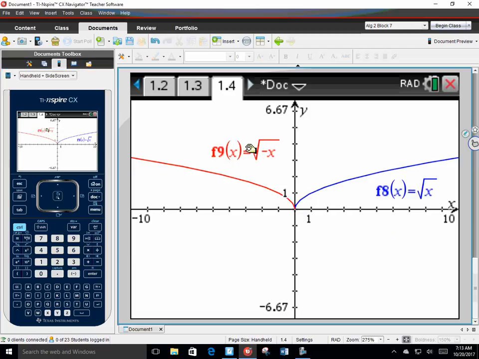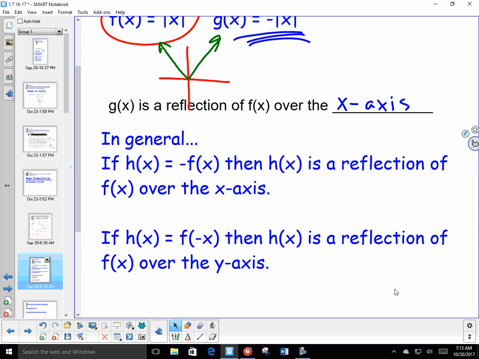Square root of negative x has reflected it over the y-axis. So if you take every x in your function and you make it the opposite, you're going to get a reflection over the y-axis. All right, and that's what it says right here. If h of x equals f of negative x, then h of x is a reflection over the y-axis.